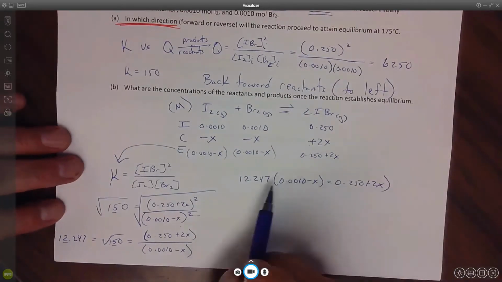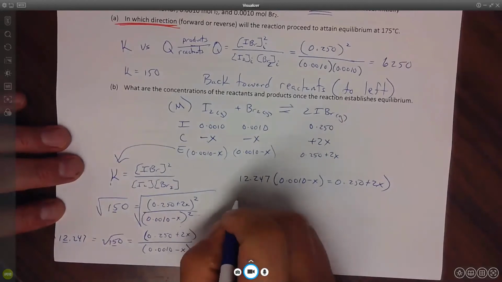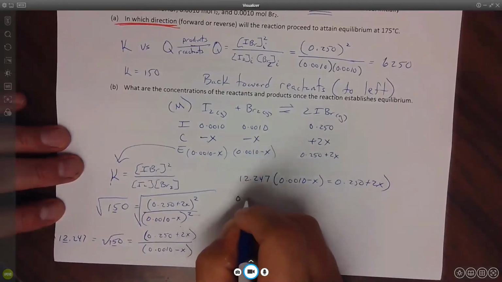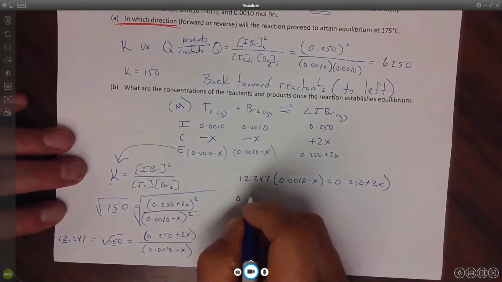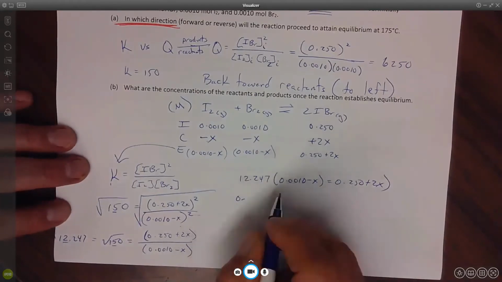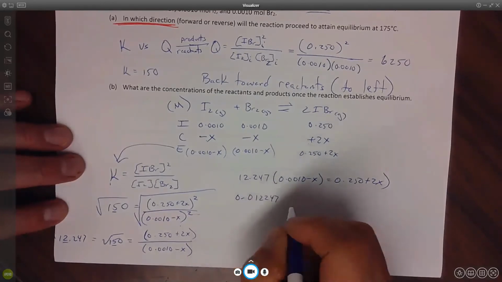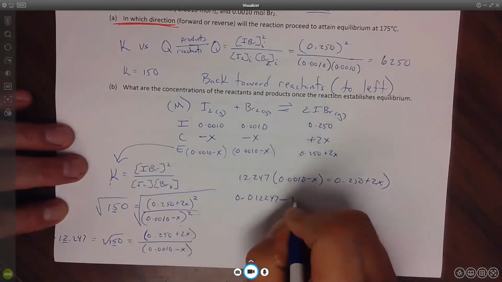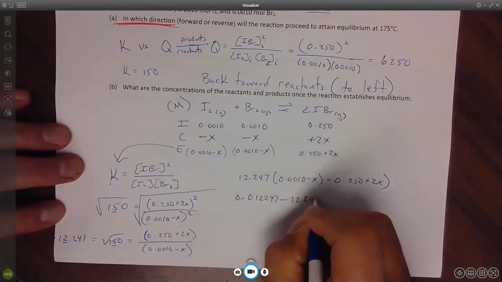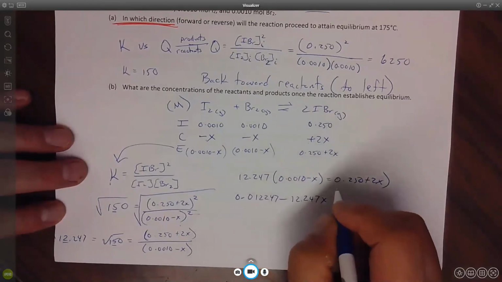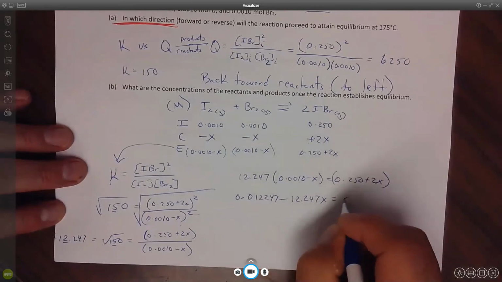Okay, when we multiply that by that, this is going to give me 0.12247 minus 12.247x, and that is all equal to that on this side.